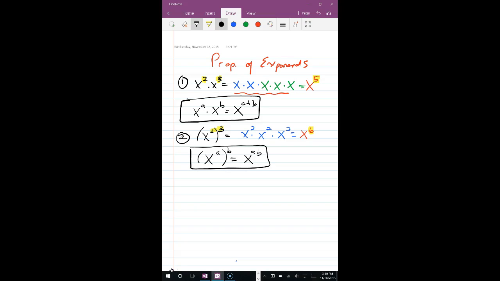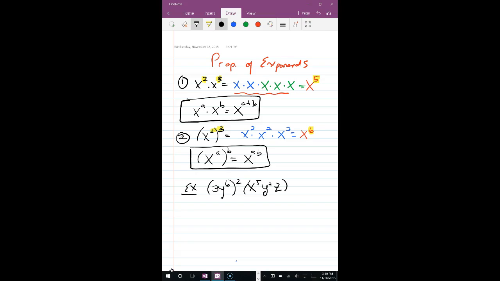An example of a problem like this, I can give you something like 3y to the sixth squared times x to the fifth y squared z. Now the first thing I would take care of is the power to a power.